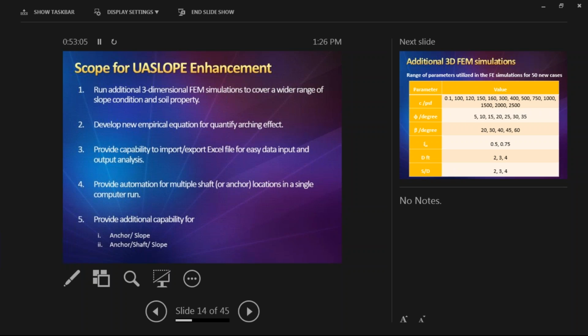Lastly, we want to enhance the capability by allowing the engineer to use this program also to design a slope to be stabilized by anchor only, or in a special case where you may want a drill shaft and anchor together, you can also design that scenario. So those are the essential tasks included in this current work.